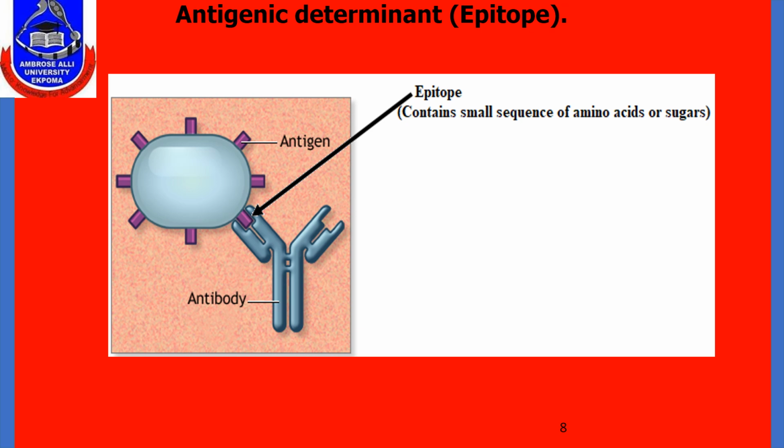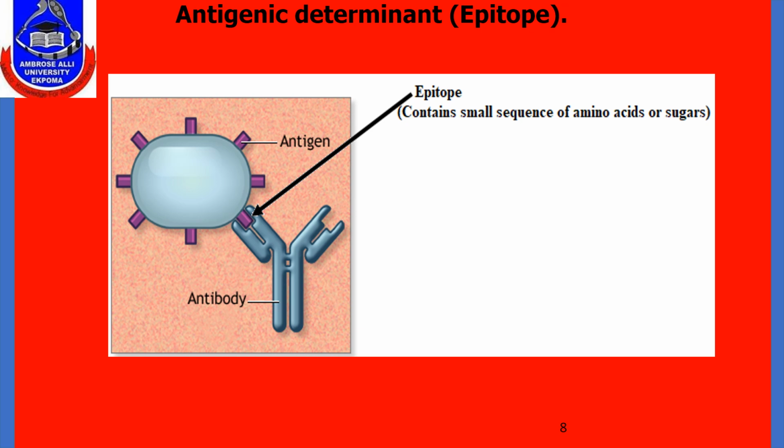Let's take a look at the current picture shown before us. We can see that there is a cell with an antigen on its surface. Then there is an antibody that is binding to the antigen on the surface of the cell.